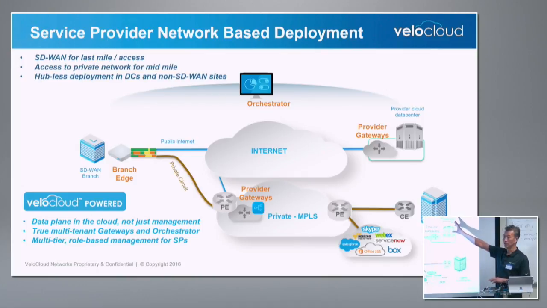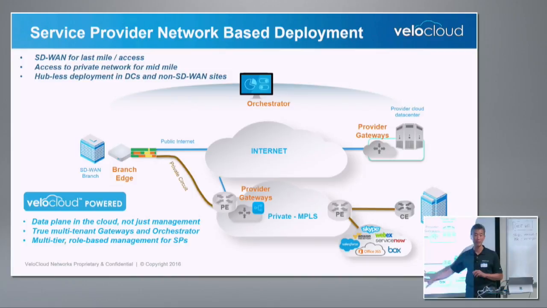Additionally, on the orchestrator, we have, from the very start, a multi-tier orchestration system. So it's not just designed for the end enterprise, which gets a self-service portal. You also get a channel portal, and the provider gets an operator portal where they actually manage not just the customer's sites, but the deployed gateway infrastructure in their core network.